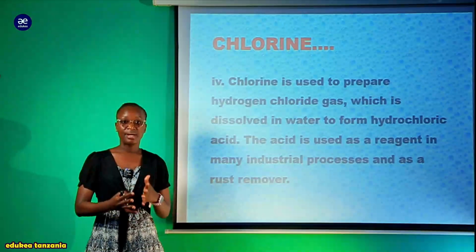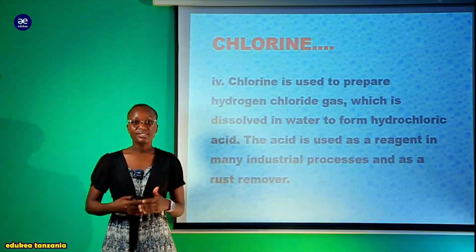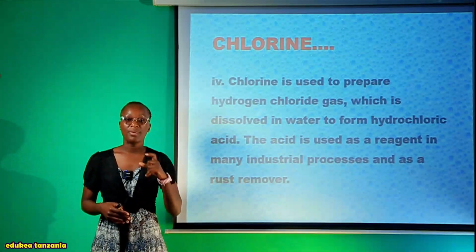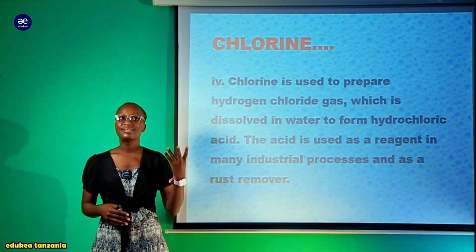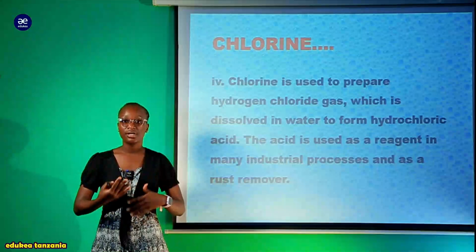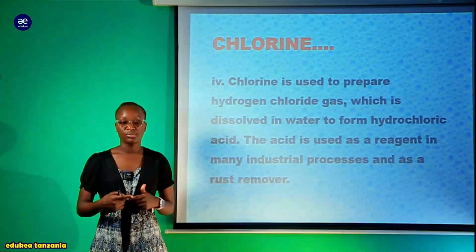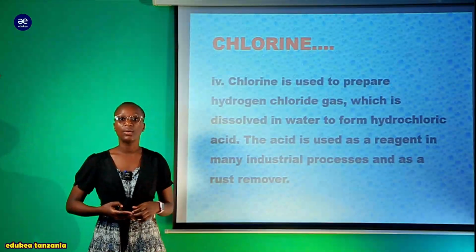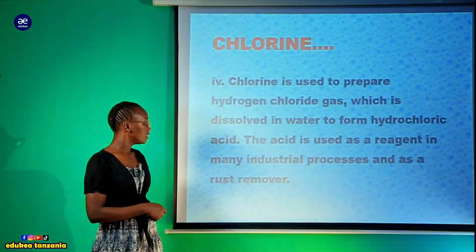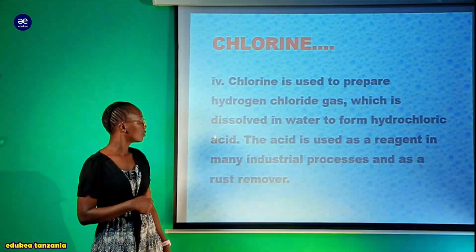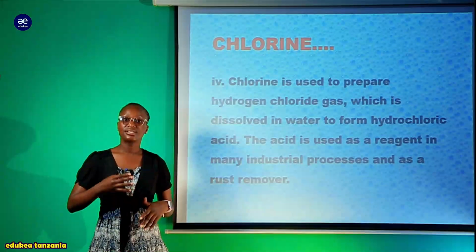Unakuta some of the iron materials, sheet material, vifaa vyote au zile substances ambazo zipo made of iron, ambayo ni kwa mfano vyuma, mabati, a lot of kwa hiyo ile material yote au zile substances zote ambapo zipo made of iron compounds, unakuta zikiwa contaminated au zikiwa developed with a rust, ikipata zile kutu, they use this reagent of hydrochloric acid to remove them. So this compound used as the rust remover.